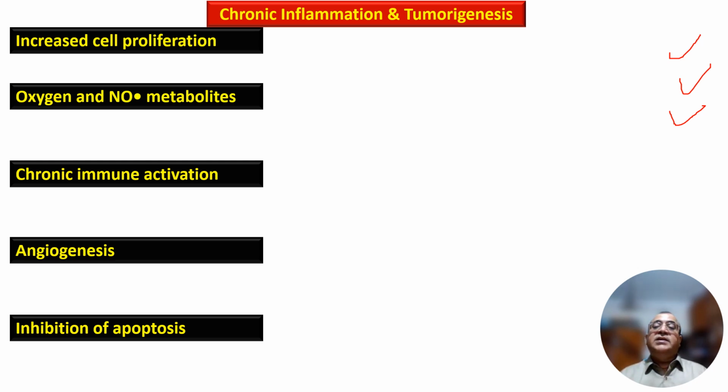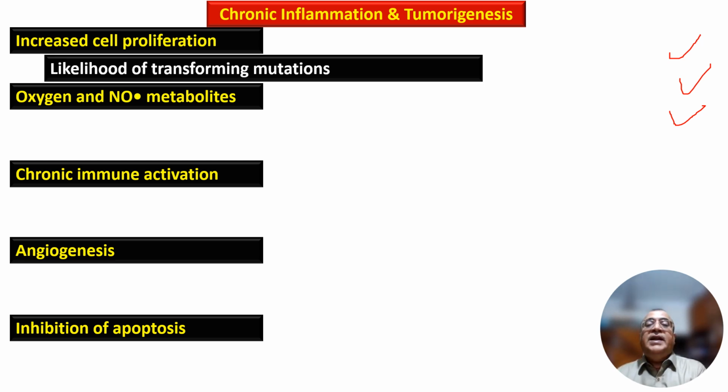First, there is increased cellular proliferation in chronic inflammation, and this chronic inflammation and increased cellular proliferation creates a microenvironment that is favorable for malignant transformation. In schistosomiasis, the condition leads to squamous cell carcinoma of the bladder. The reflux esophagitis leads to esophageal adenocarcinoma, and ulcerative colitis leads to colorectal adenocarcinoma.